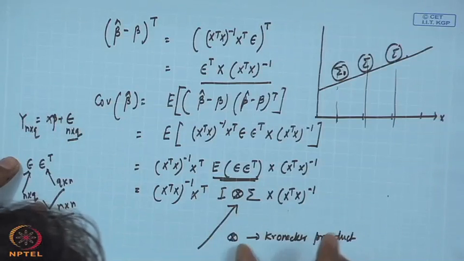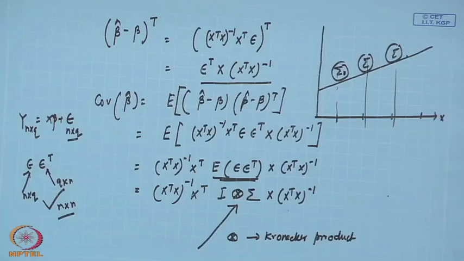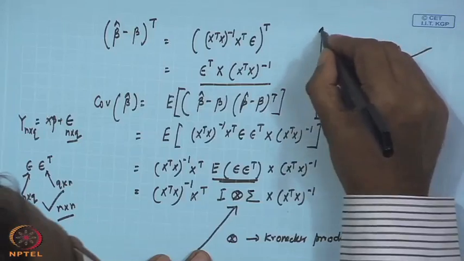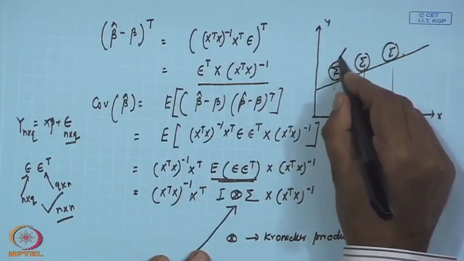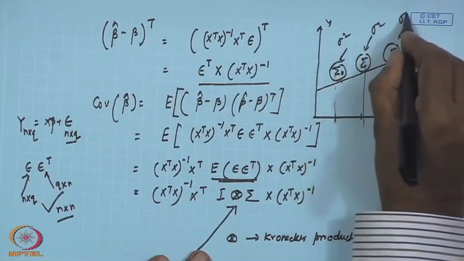Now, why is this n cross n? For every dependent variable, for y1 n cross n, for y2 again n cross n, for y3 n cross n, for yq n cross n. If you go by the multiple regression mode, there if it is one Y variable only, it will be sigma square.